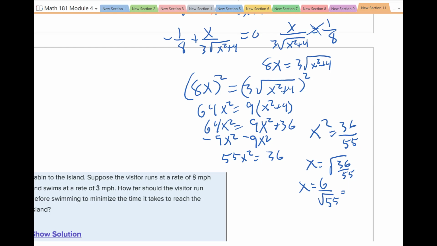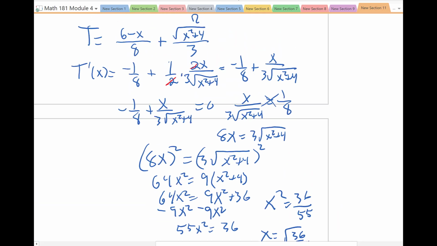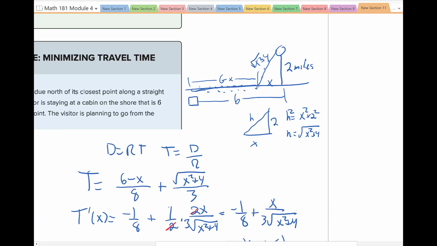I didn't work that part out because of what I did next, which is I said we're looking for 6 minus x, so that's 6 minus the square root of 36 over 55, which is approximately 5.19 miles. So the point is, the person would run down the beach 5.19 miles. The running part, this is 5.19 miles. And then swim that length.